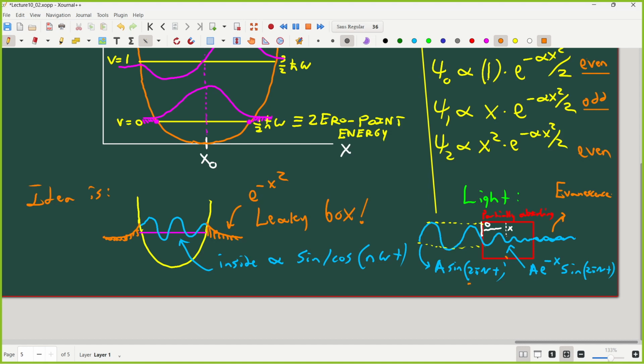So a harmonic oscillator is a classic evanescent problem. We have a wall that works, but only somewhat. It allows some leaking, but the only leaking that's allowed through it is exponentially damped. So it decays very, very quickly, but there's a probability of it being outside the walls. It can leak out. So this is an evanescent system.